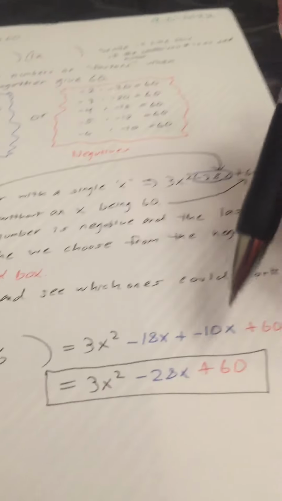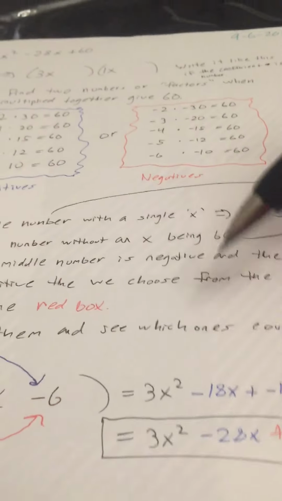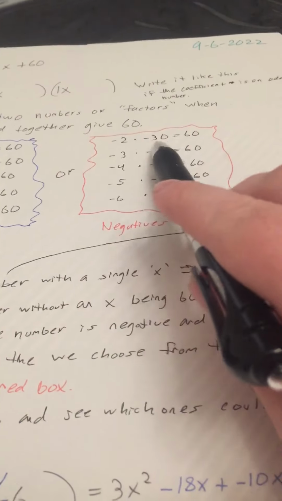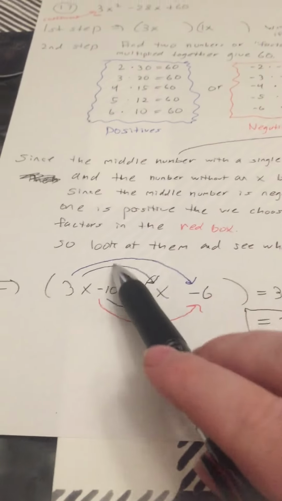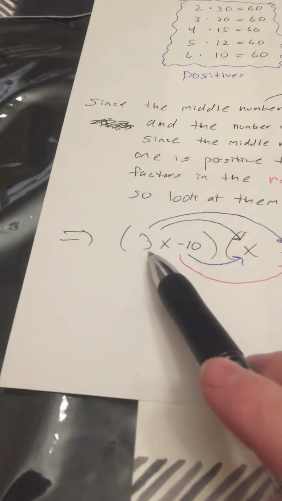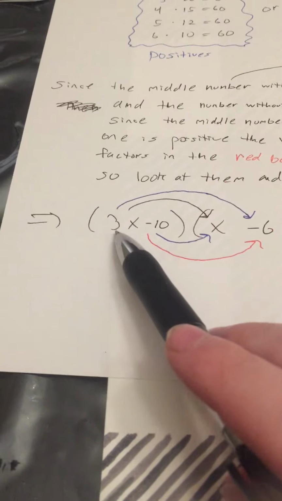So this is really something you just need to practice. You can go through this with all of these numbers. You can just use negative 2 times negative 30. So you would put negative 2 right there or right there. It matters because it matters when you have a coefficient in front of this x.